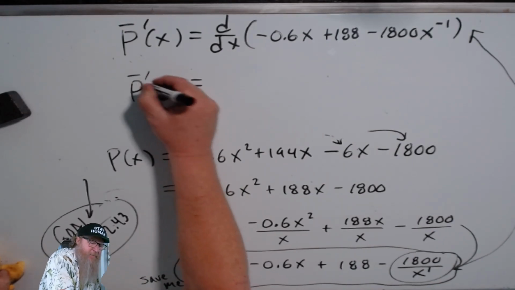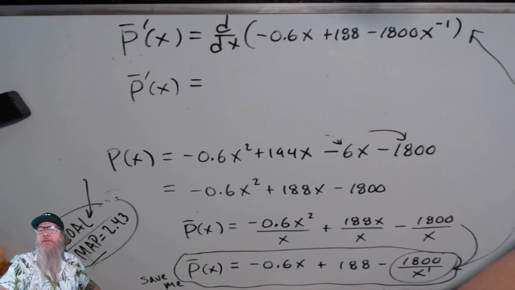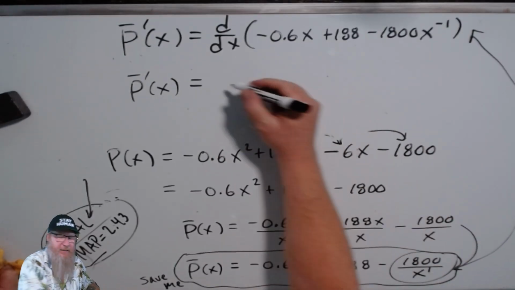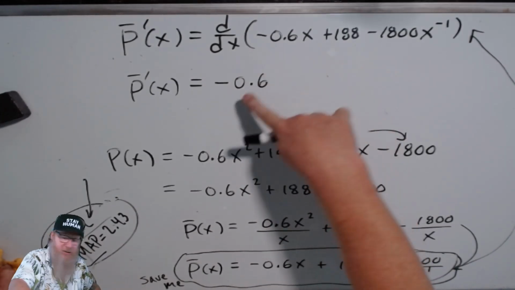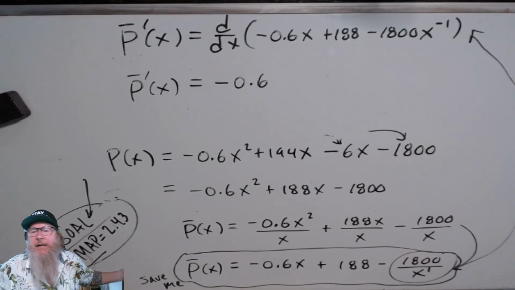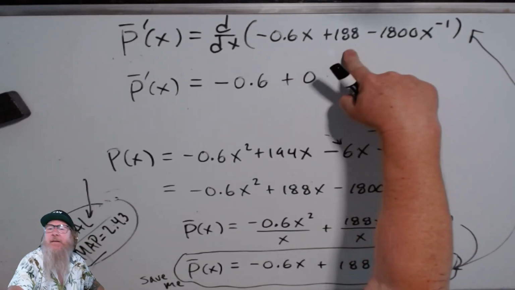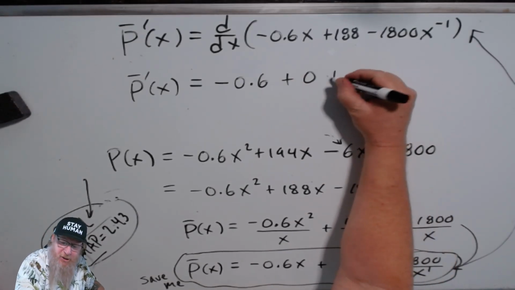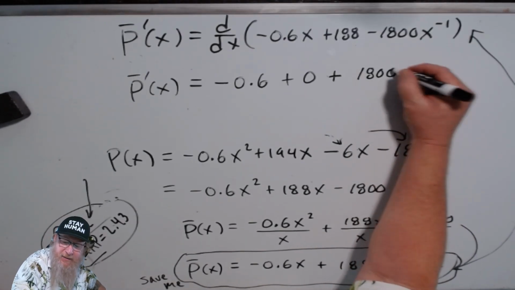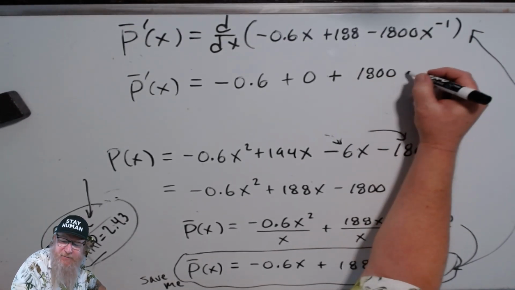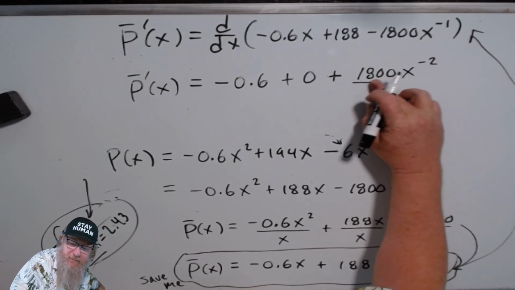All right, so here's my marginal average. Derivative should be very simple. Just march down term by term and take the derivative. The derivative of negative 0.6x is just the slope, negative 0.6. See how nice that is? Now the middle one's going to be 0. And then the last one's going to change to plus because you have negative times a negative. 1800 x to the negative 2.